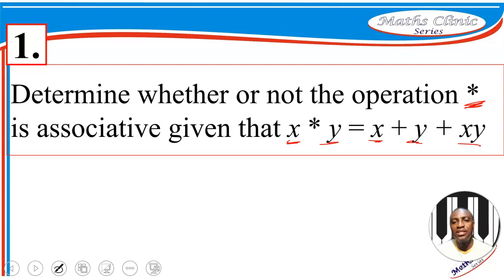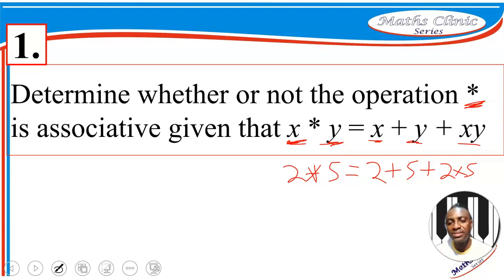What it means is that if you have 2 star 5, it means do 2 plus 5 plus 2 times 5 and then simplify. That's what it means. But if we are defining x and y to be the set of real numbers, would this particular operation star be associative?